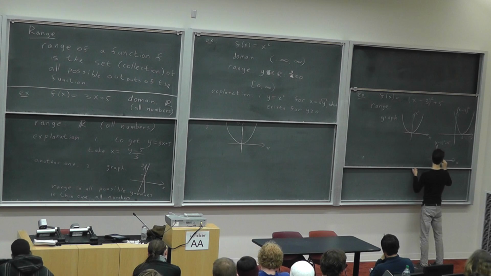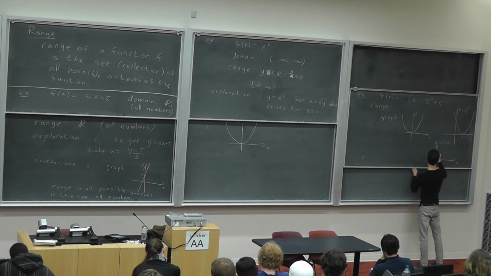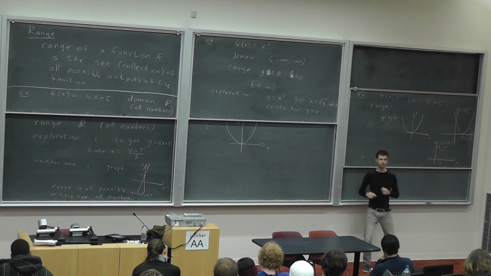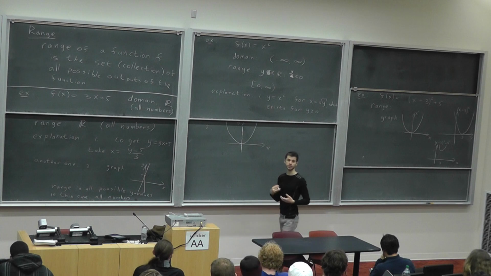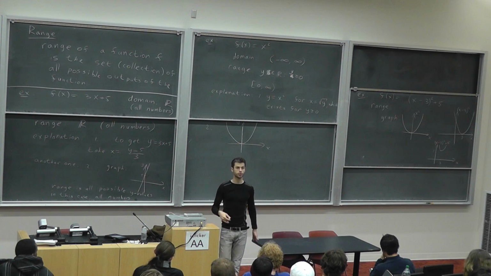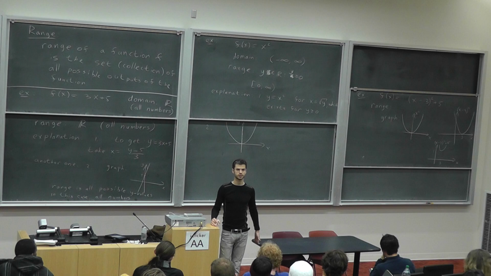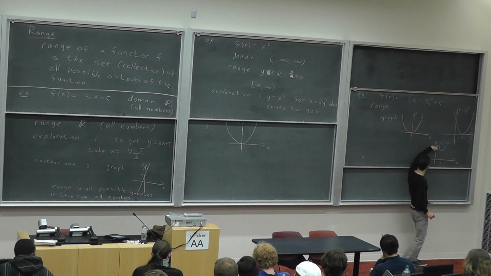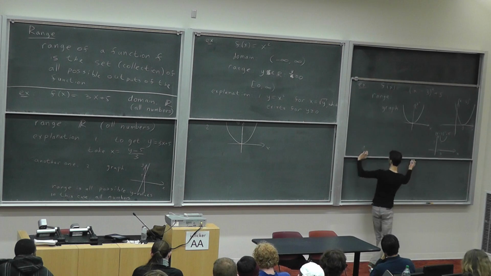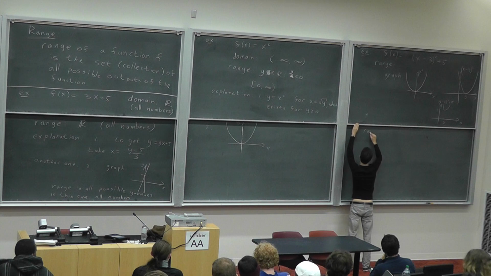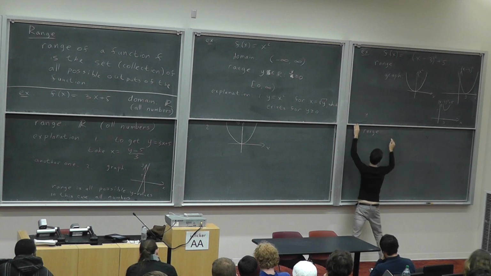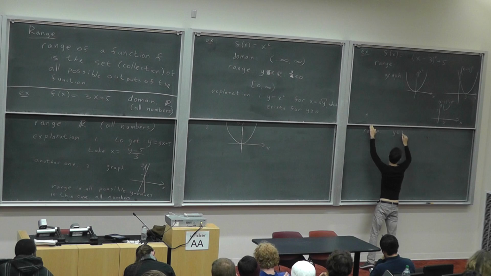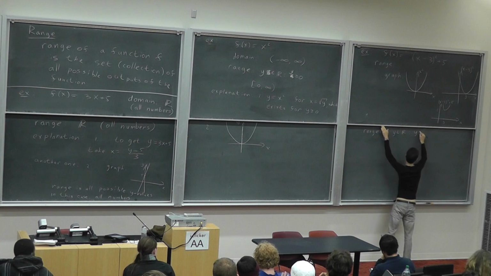So the value over 3 is going to be 5, and then it's going to be a parabola. So what is the range? What are all possible outputs? All possible y values? 5 and up, yes. So every value from 5 upwards can be obtained. Range: all real numbers which are at least 5.